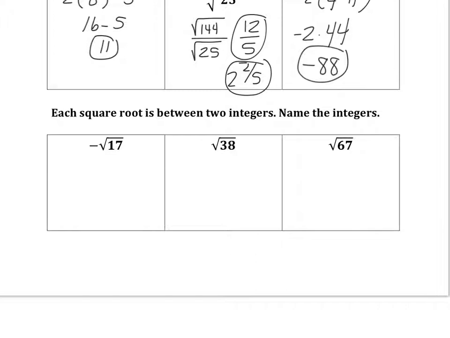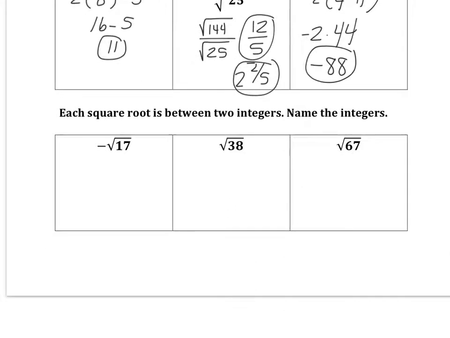Then in the next section of the lesson, we're going to be estimating the square roots. These are not perfect squares. So down at the bottom, I'm going to quickly write down our perfect squares that we know. That's going to help us out.